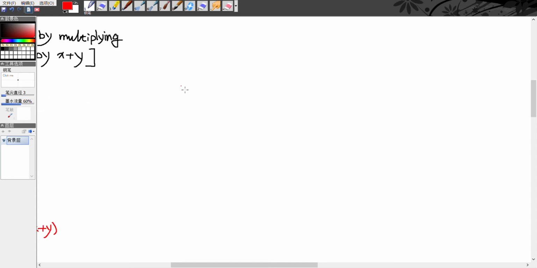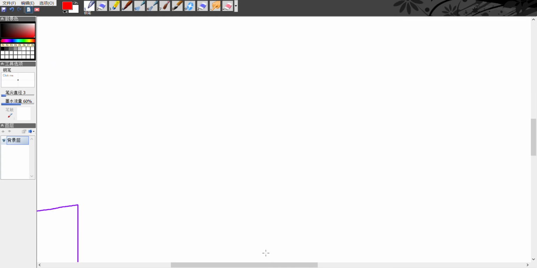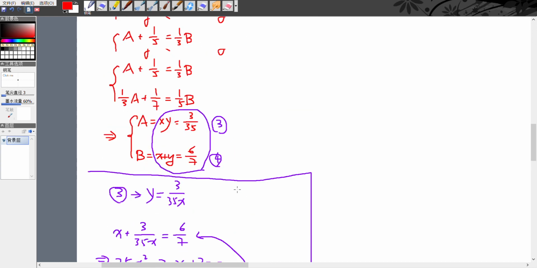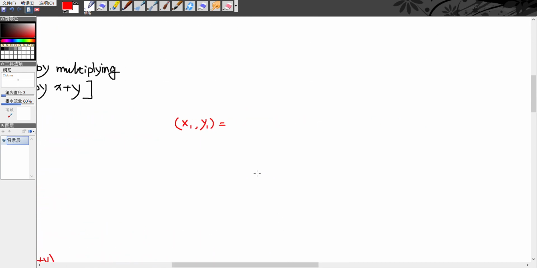Let's see. Well, we have x1 equals 15 plus 2 times the square root of 30 over 35, and another one, y1 is equal to 15 minus 2 times the square root of 30 over 35. Okay.